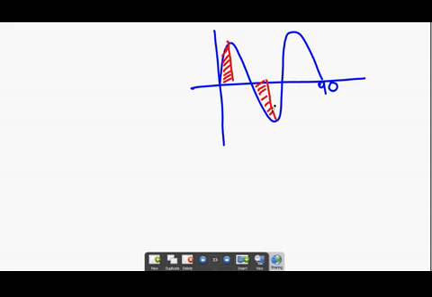I'm using the red to shade, and then we will look at how many quarters there are, and then I'll use a different color for the other quarters. When I'm looking at this graph, I can see how many quarters. I can see the first one. This is quarter number 1.